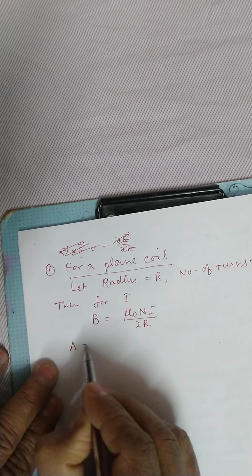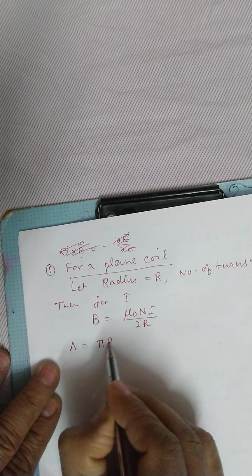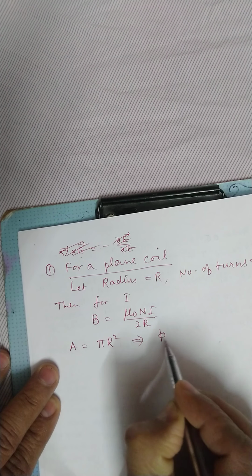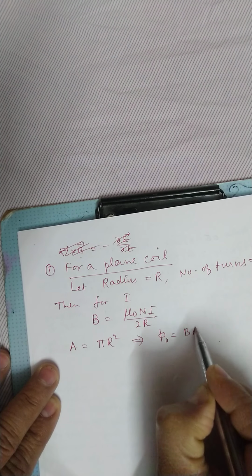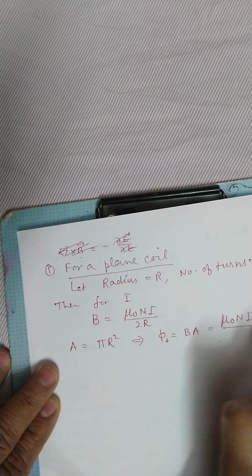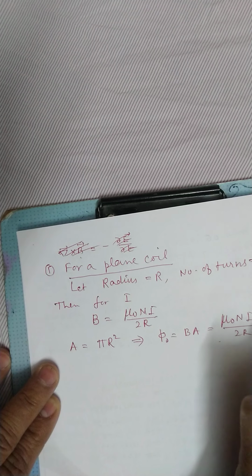Area of the circular coil is pi r square. So flux associated with each turn, phi 0, is mu 0 N I upon 2R into pi r square.